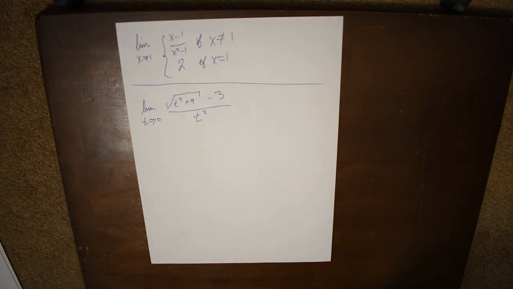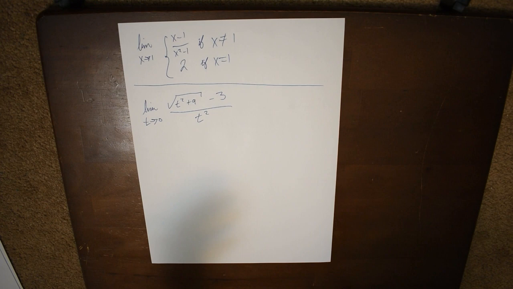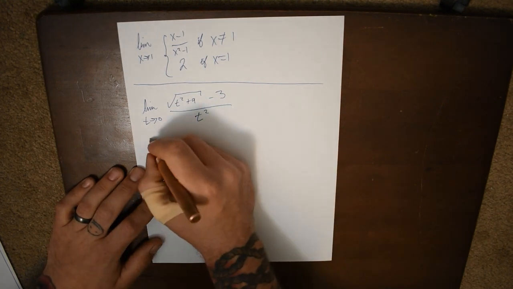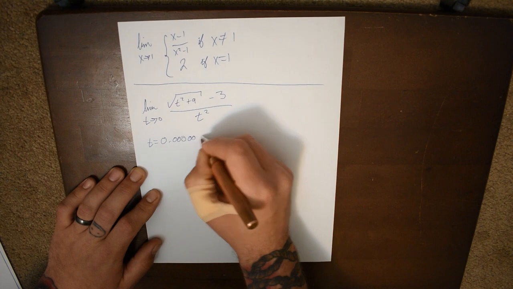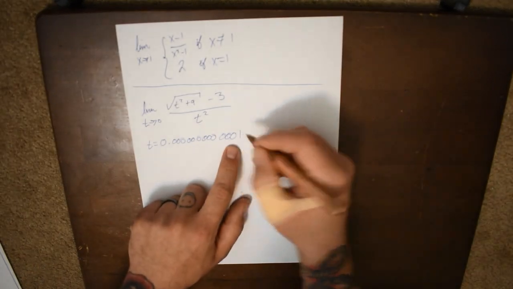So it seems like we only care about numbers that are really close to 0, which is true. What's stopping you guys from just picking an incredibly small number? What if we let t be equal to 0? That's 12 zeros and a 1.